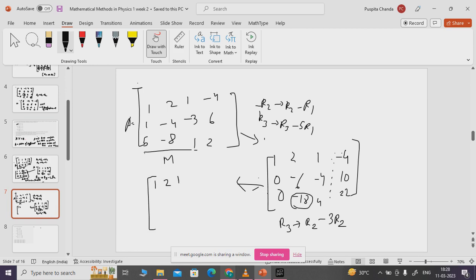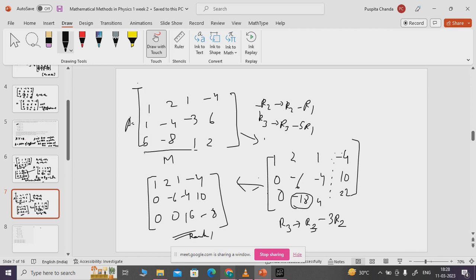And then we will get 1, 2, 1, minus 4, 0, minus 6, minus 4, 10, 0, 0. This is R3, R3, 4 minus, minus 12 plus 12, 16, and this is twin minus 8.